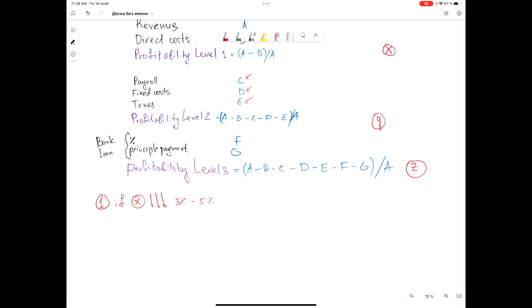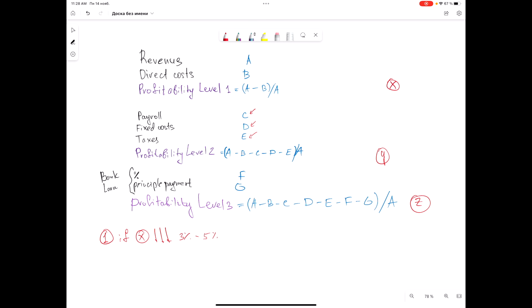And if you want, for example, to decrease the level of direct expenses, it is almost impossible to do that, because the current level of direct costs gives you the quality of the product or services that you give to the customers.